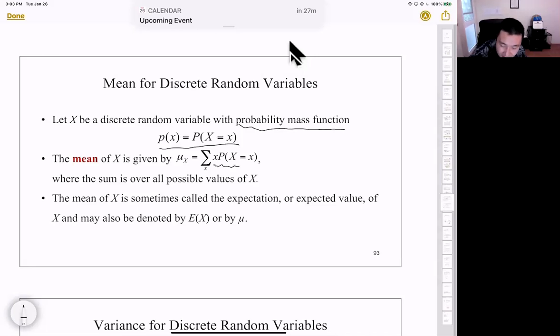This small x is the possible values, for example the number of floors, and that part is the probability for that possible value, for example the number of floors equal to 0 is 48%.